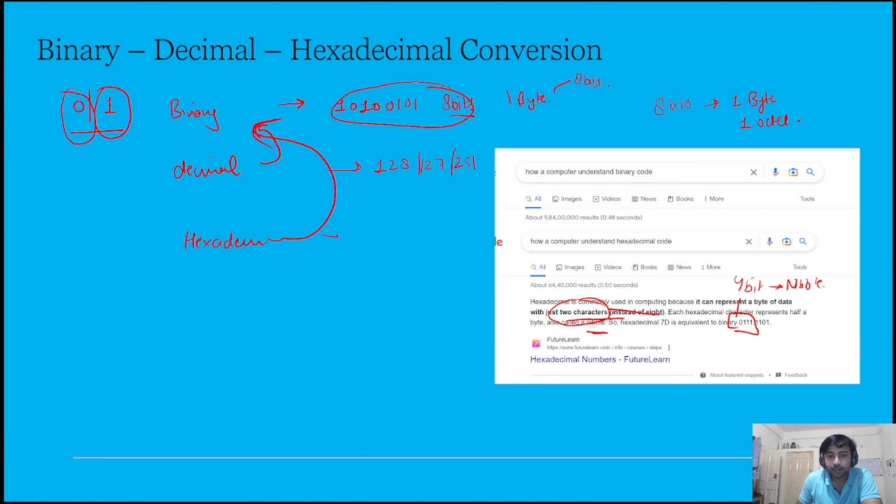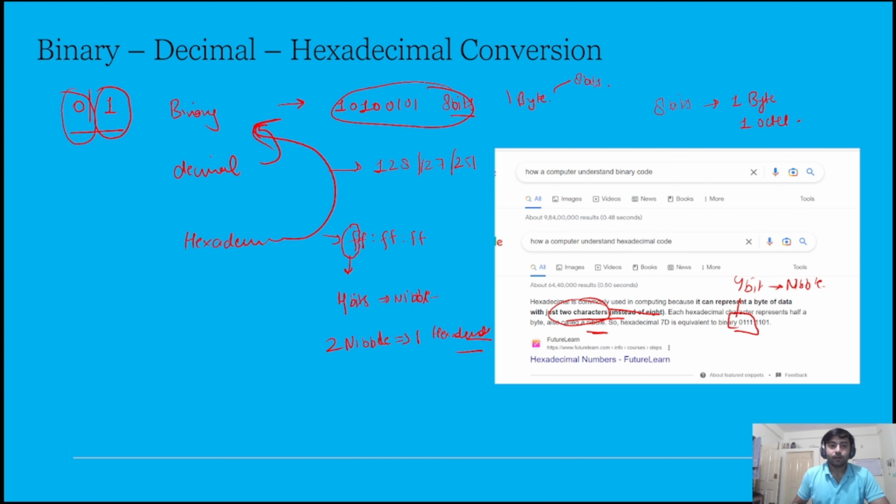An example of hexadecimal is FF FF FF. One single character here determines 4 bits of value, which is a nibble, and two nibbles collectively are called one hexadecimal number.